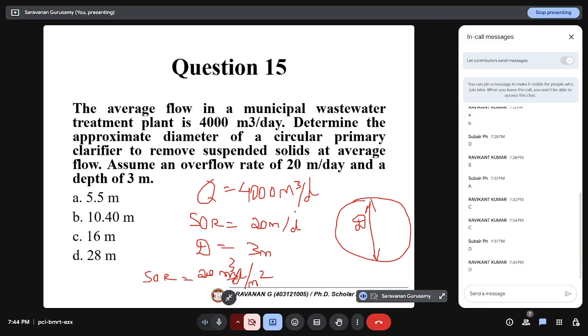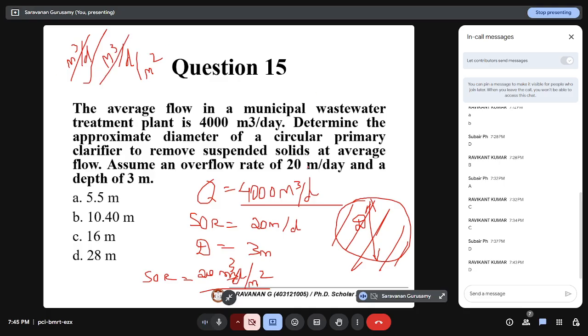So if you have 4,000 meter cube per day, and 20 meter cube per day per meter square, I can find the surface area easily. How? If I divide meter cube per day by meter cube per day per meter square, then the meter cube per day will be cancelled. Only meter square will come up. So 20 by 4,000, I will get meter square, right?